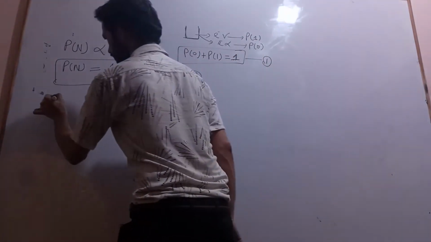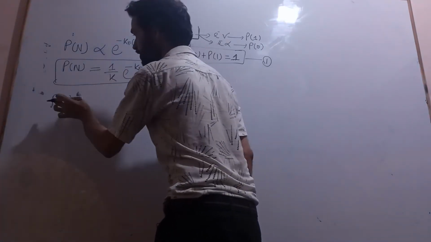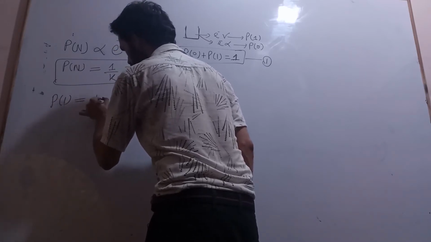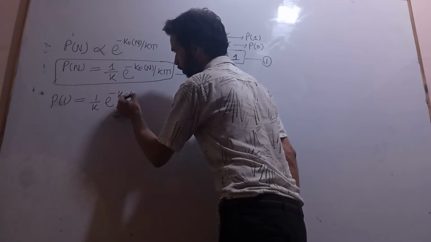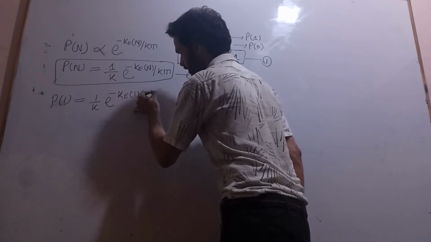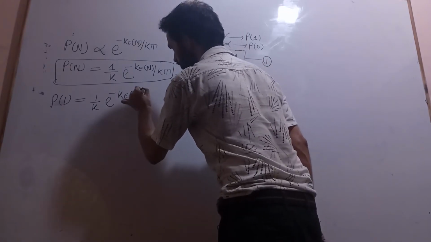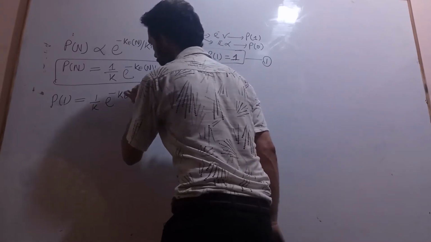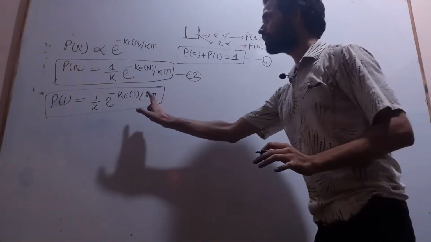Now the probability that the particular quantum state is occupied by the electron is p of 1 is equal to 1 by k e to the power minus ke of 1 divided by kt. So this is my probability that a particular quantum state is occupied by an electron.